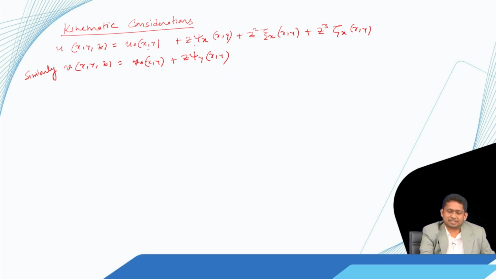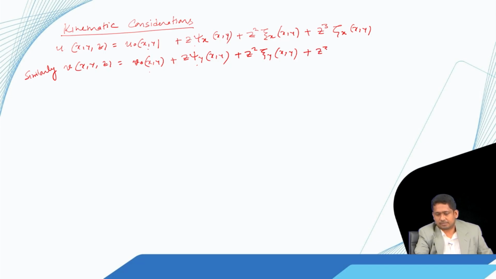So, up to this it is the same as what we discussed last week, the first order shear deformation, and then we have the higher order parameters: plus z square into xi y, plus z cube into zeta y.